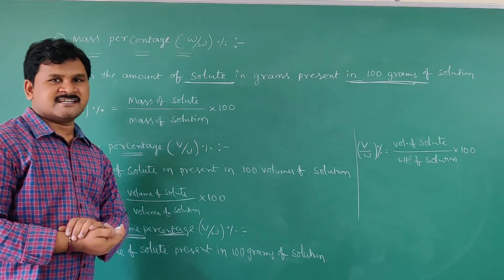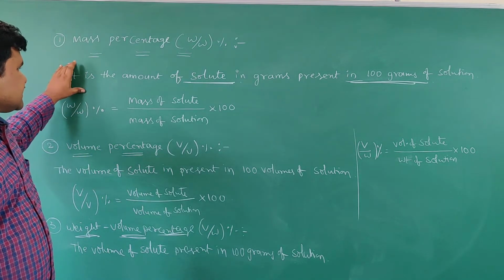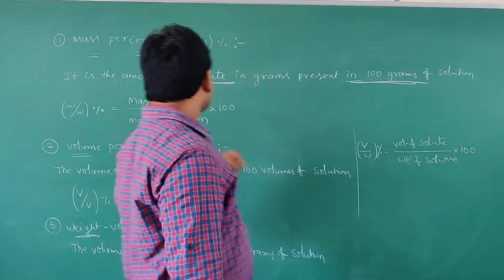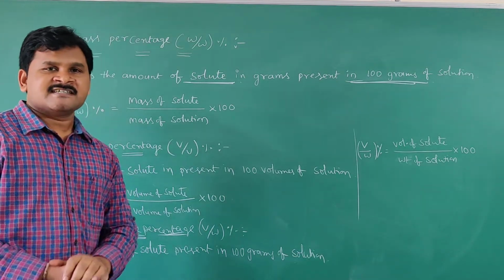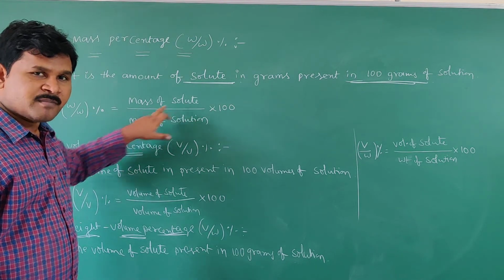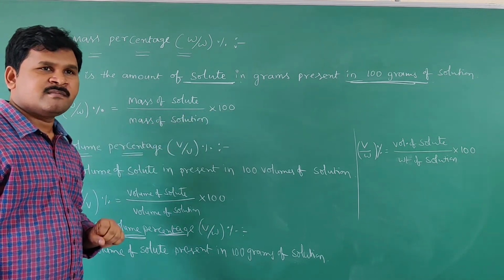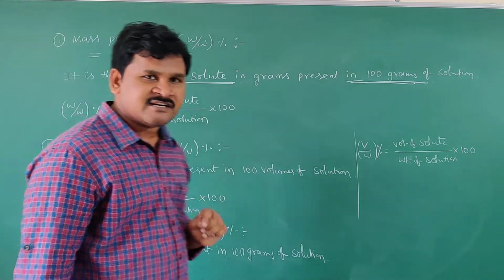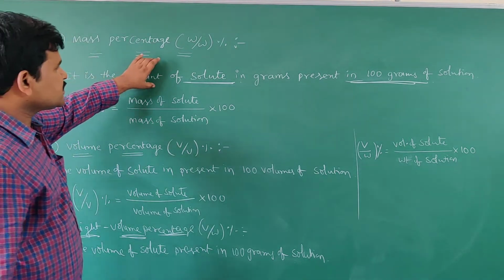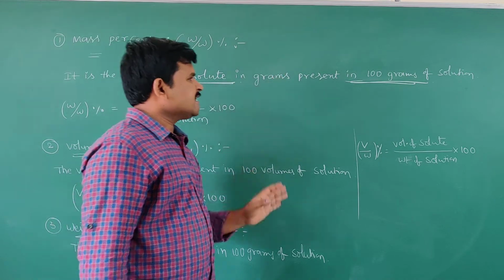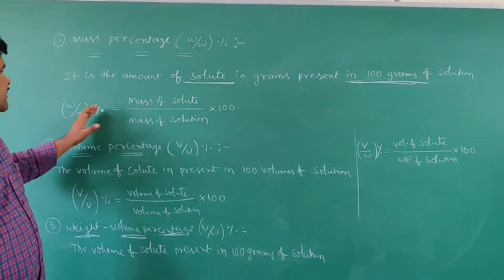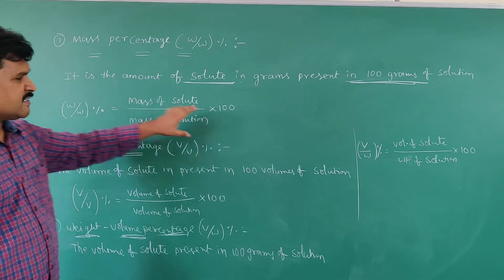Mathematically, mass percentage is equal to mass of solute divided by mass of solution, into 100.